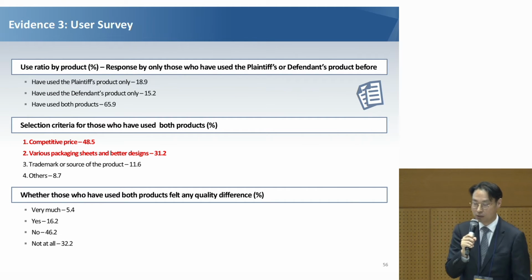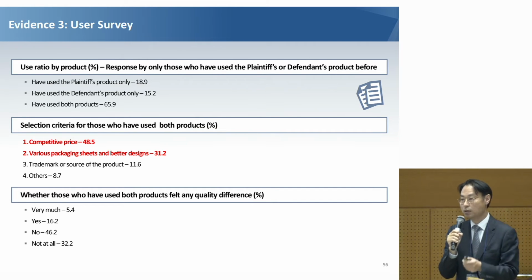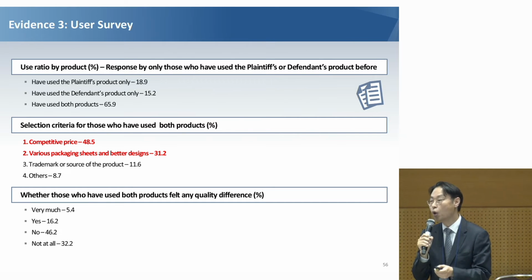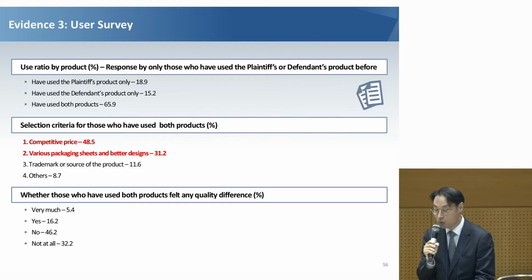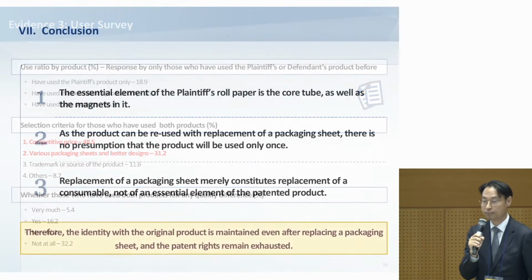So it means there is no difference in performance at all. Even if there is a small difference in performance, it doesn't matter at all when users select the products.